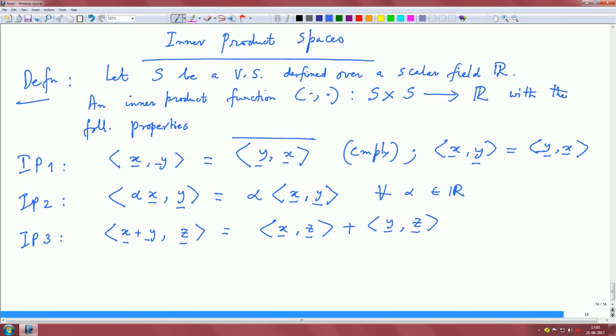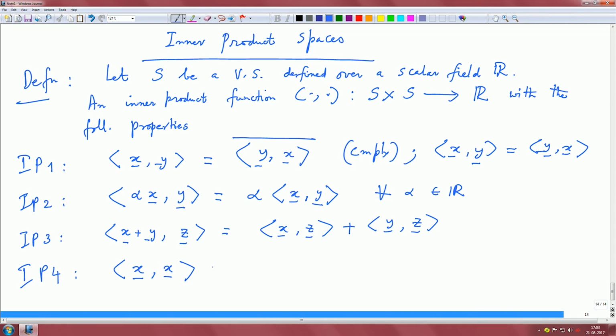This is the distributive property. And we have the last property: the inner product of x with itself, because this is the Cartesian product of the vector space, so I can pick the other vector y to be x itself.